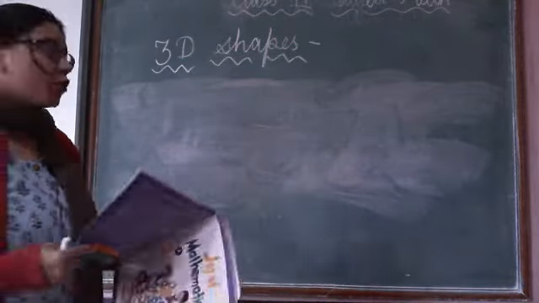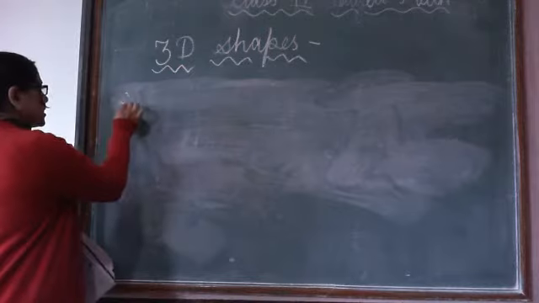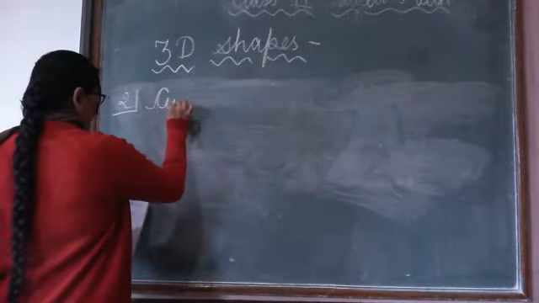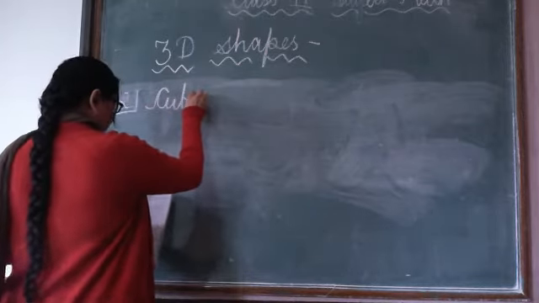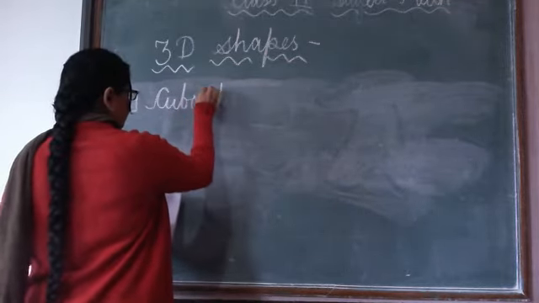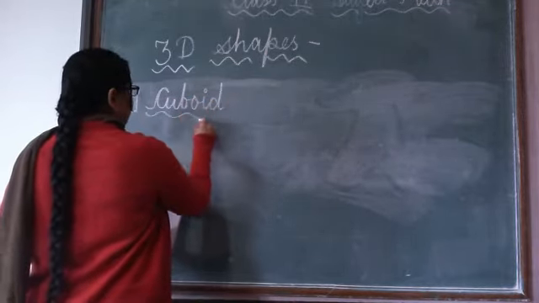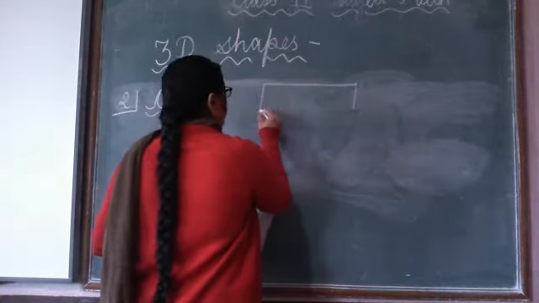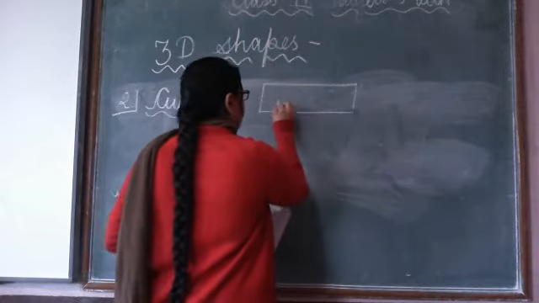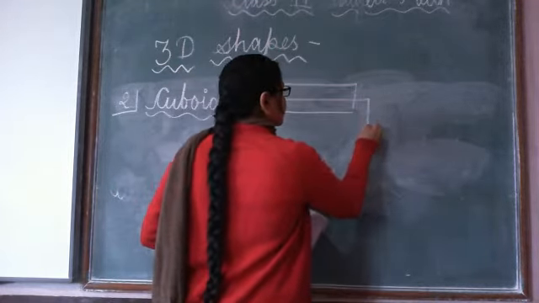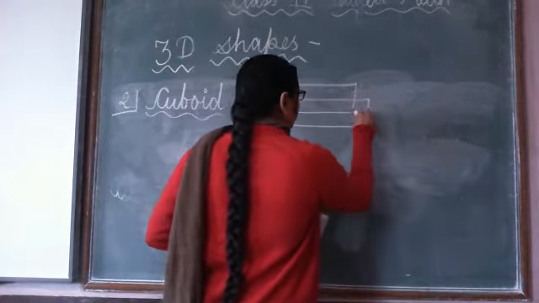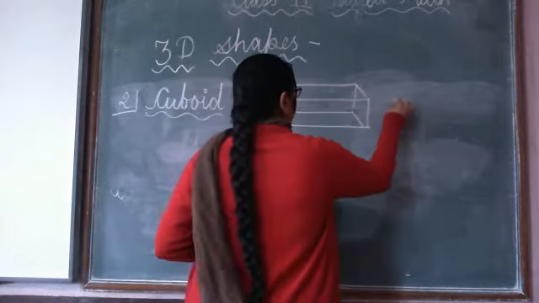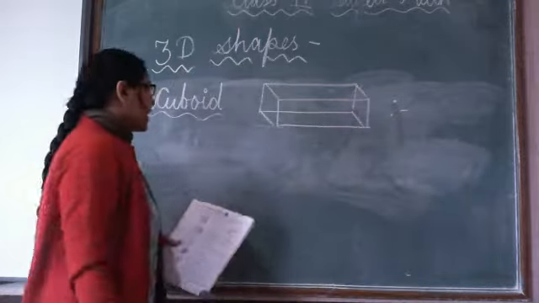So let's write about cuboid. So the second shape is cuboid. So cuboid looks something like this. So this is how cuboid looks like.